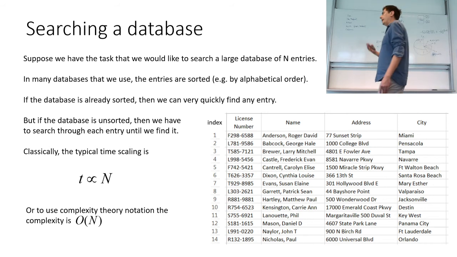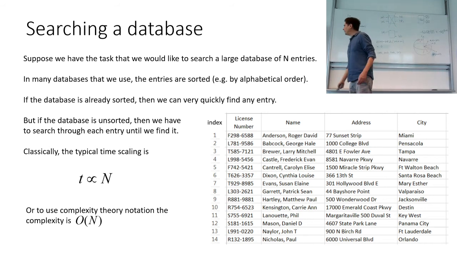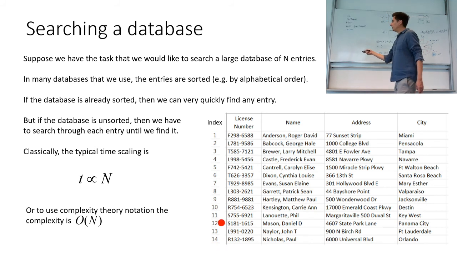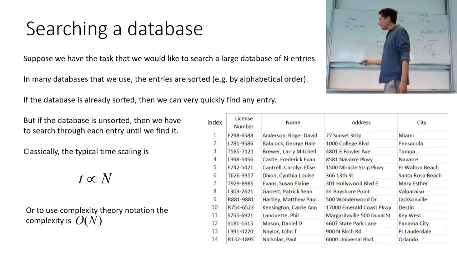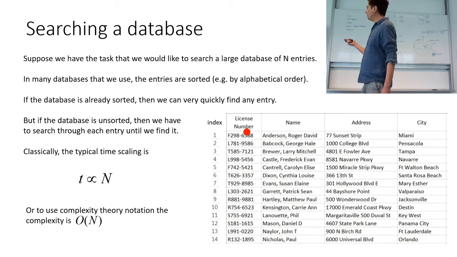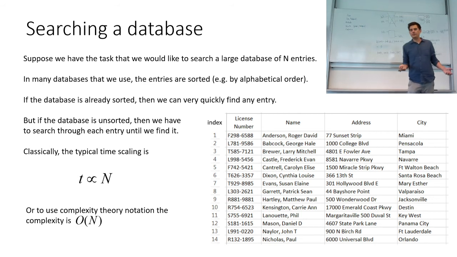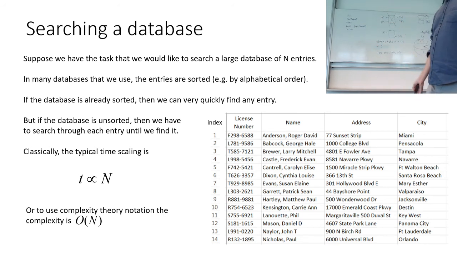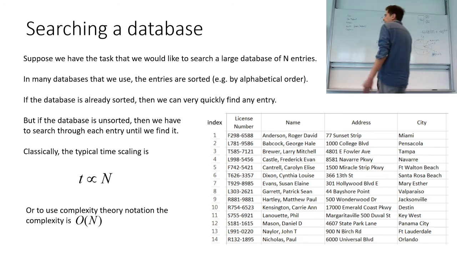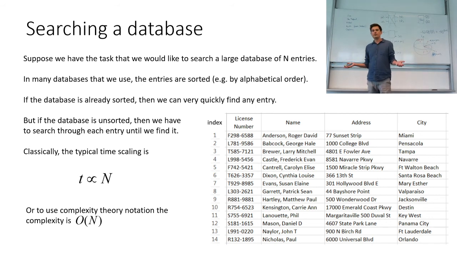But on average, there are n entries, so probably n over 2, right? So at least it's proportional to the number of entries. And essentially there's no other way of doing this problem, because if you know it's unsorted, the first time you look at it, what strategy can you possibly think of, right?